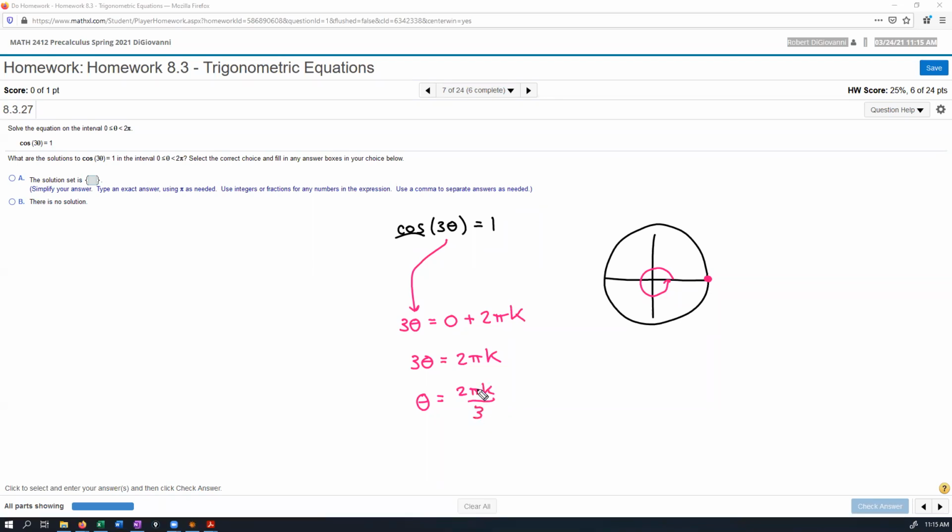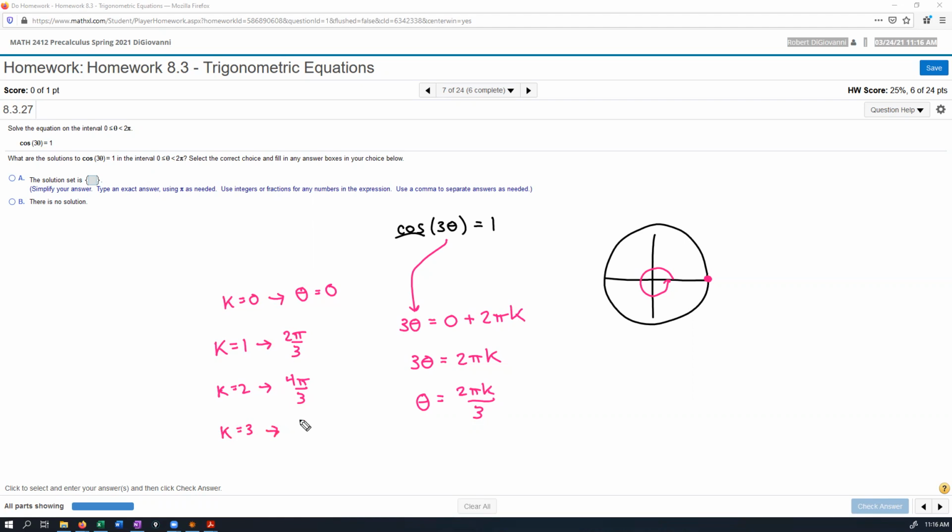And now let's just try some values of k. If k is 0, I get theta is 0. If k is 1, I get 2 pi over 3, which is smaller than 2 pi. If k is 2, I plug in 2 there, and I get 4 pi over 3. That's still smaller than 2 pi, so keep going.